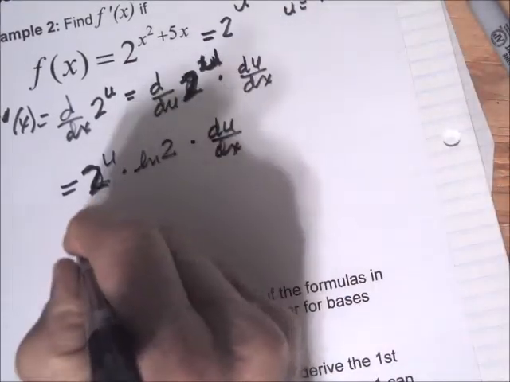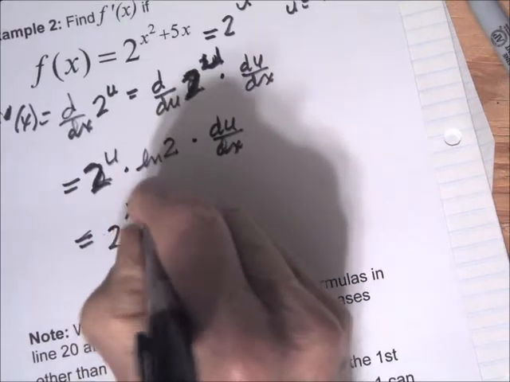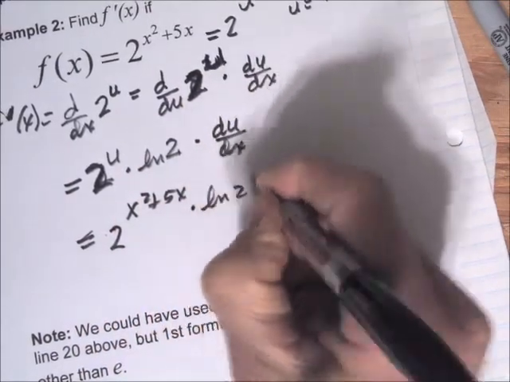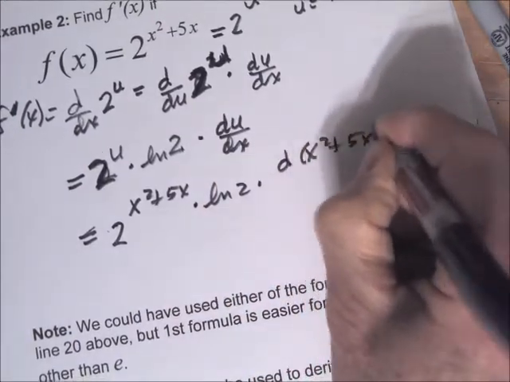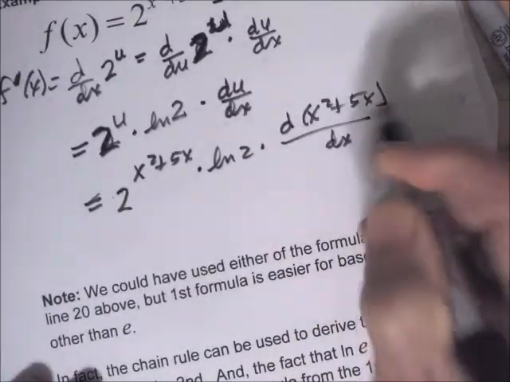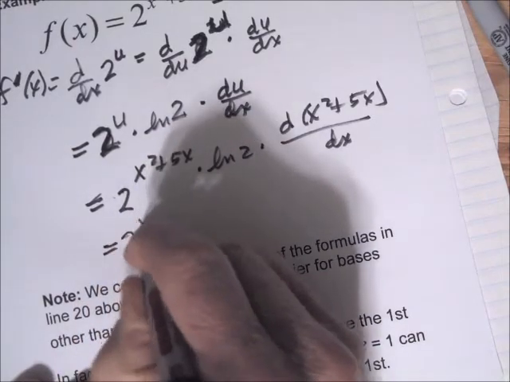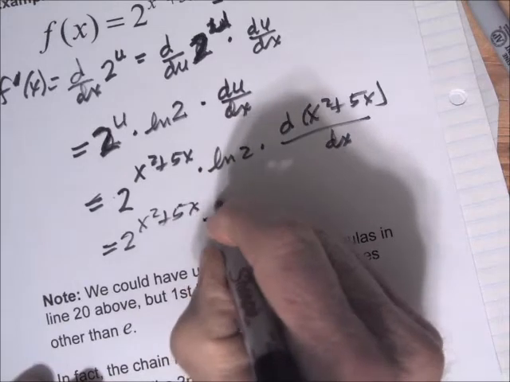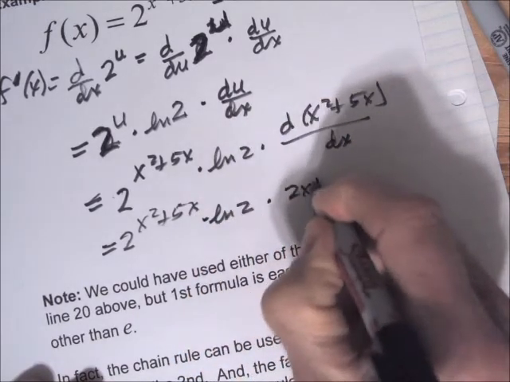Okay, so then we can put the x's back in. This is 2 to the x squared plus 5x times ln 2 times the derivative of x squared plus 5x with respect to x. And this will be 2x plus 5, so we'll have 2 to the x squared plus 5x times ln 2 times 2x plus 5.